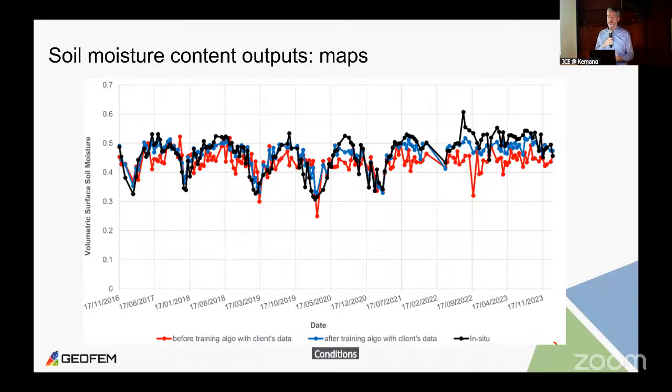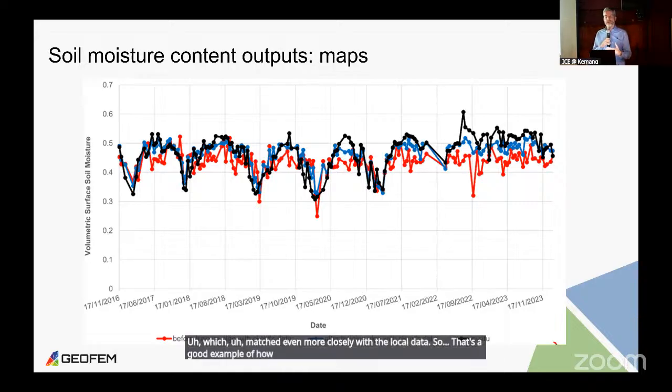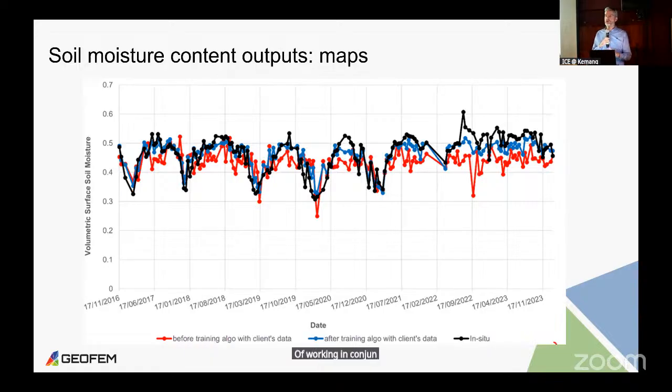Once we had done that, we had the blue line, which matched even more closely with the local data. So that's a good example of how, with the benefit of working in conjunction with in situ data, it is possible to improve the accuracy even further.